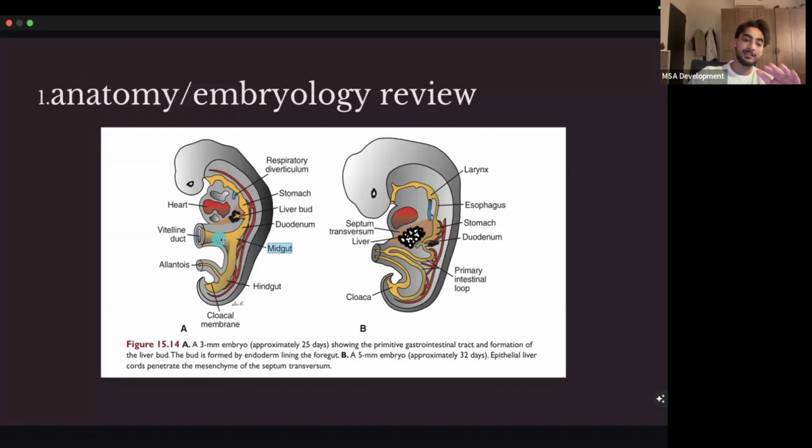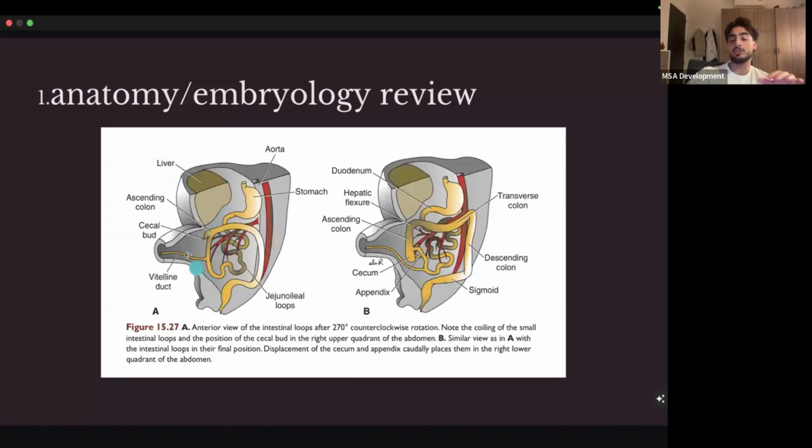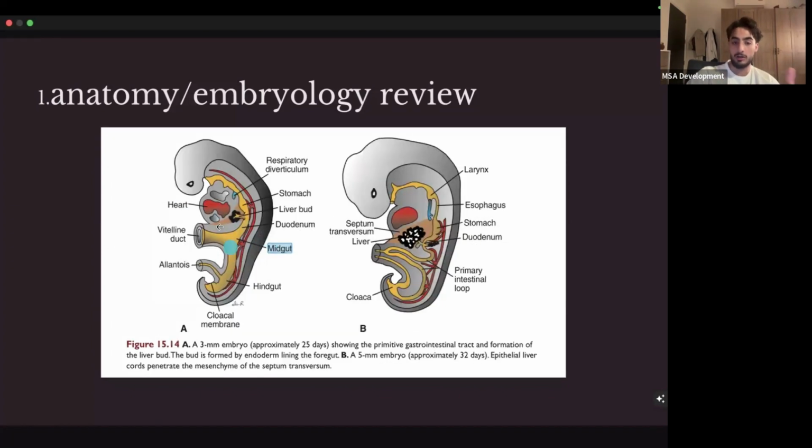Okay, and then it's going to basically split into the cranial and the caudal limb of this midgut, which is what we call the primary intestinal loop. Okay. Once that happens, basically these two cranial and caudal limbs are going to rotate around the axis of the superior mesenteric artery, which is also part of this structure that's herniating out into the umbilical cord, as you guys can see here from this red structure.